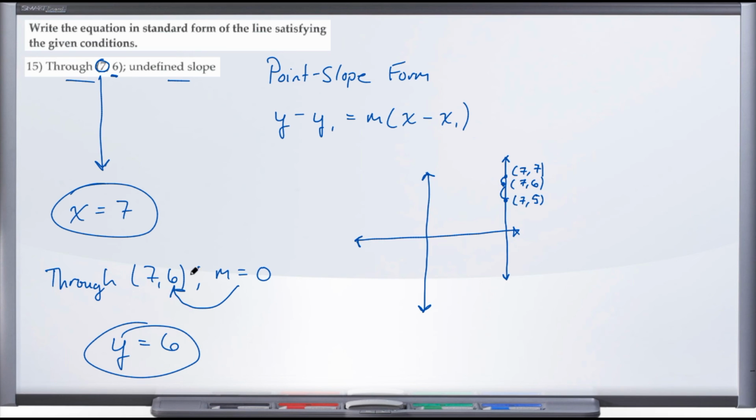All right, so these two examples here, when you have an undefined slope and you have a 0 slope, really don't require any work. Depending on what your slope is, you're going to either go to your x value or you're going to go directly to your y value, and that particular value, whatever it is for the given point, becomes the equation of your line.